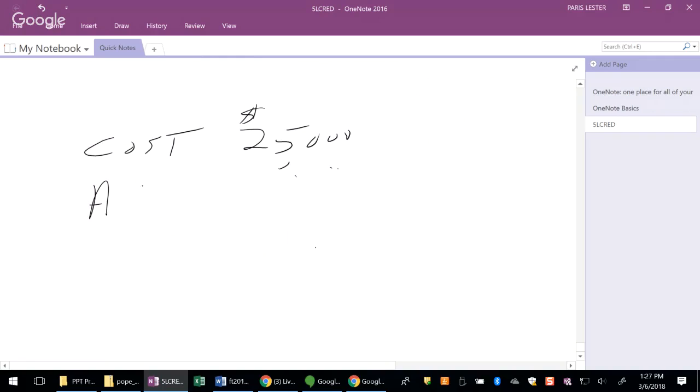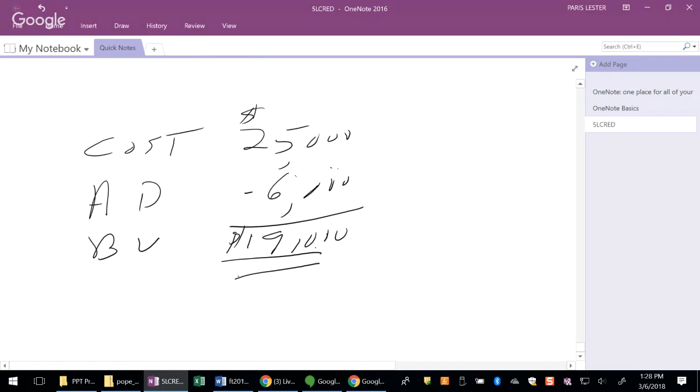It has accumulated depreciation of $6,000. Its book value is $19,000. All right. Now you sell it for, we won't worry about long term and short term.